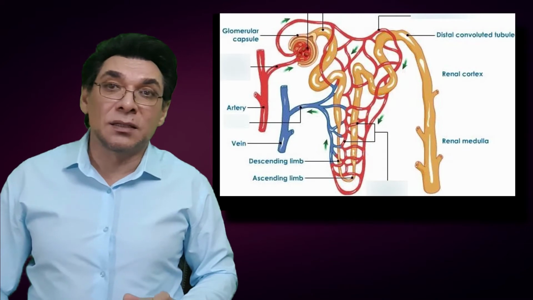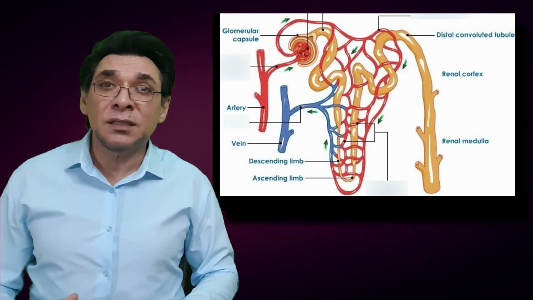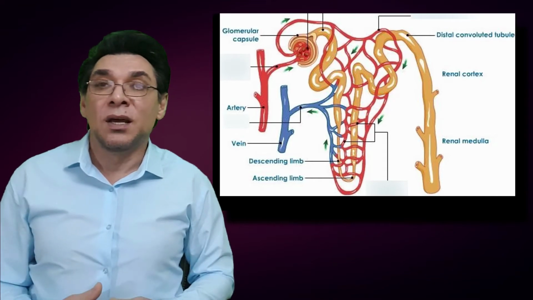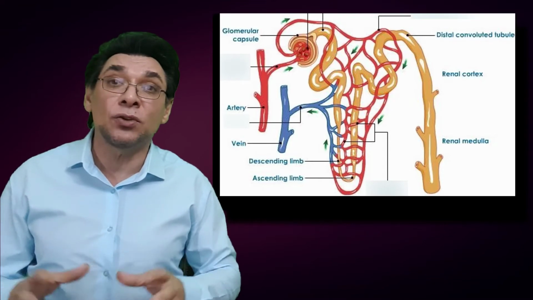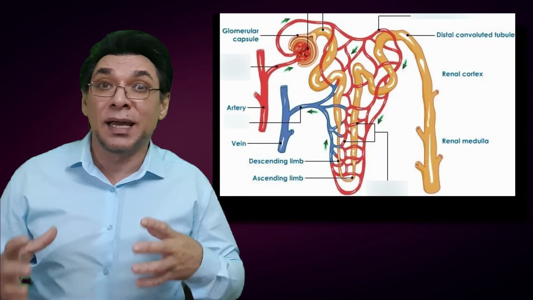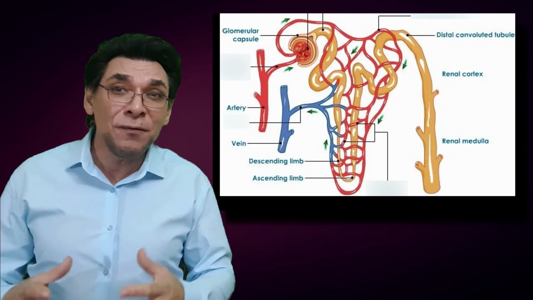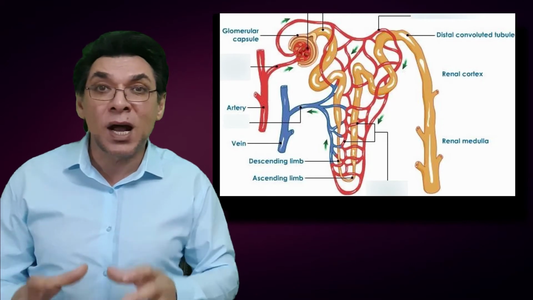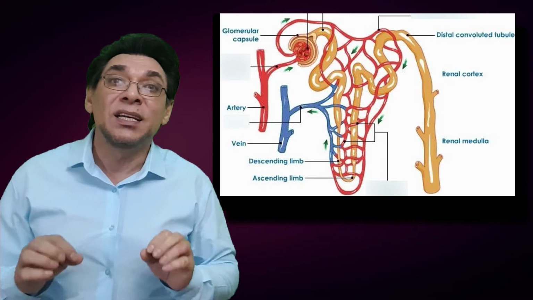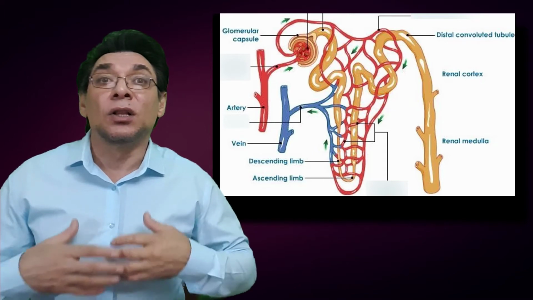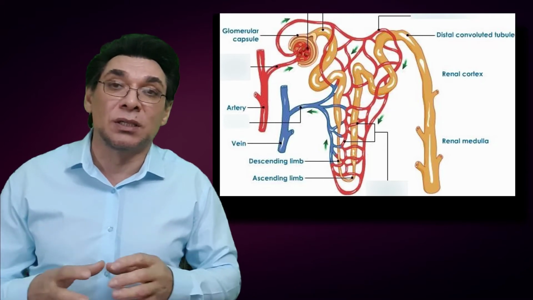Arteries and veins. A system of blood vessels allows the exchange of materials that occurs in the kidneys. The renal arteries branch off the abdominal aorta and enter the kidneys. The afferent arterioles arise from branches of the interlobular arteries and extend to the glomerular capillaries.